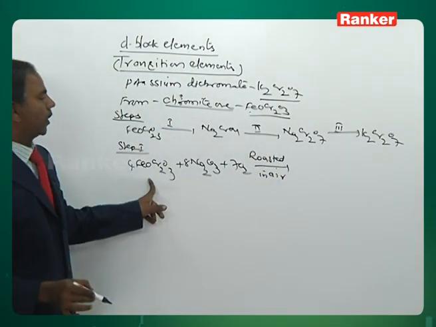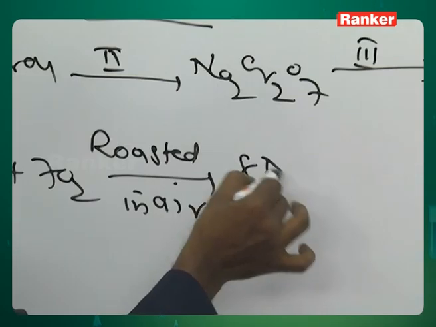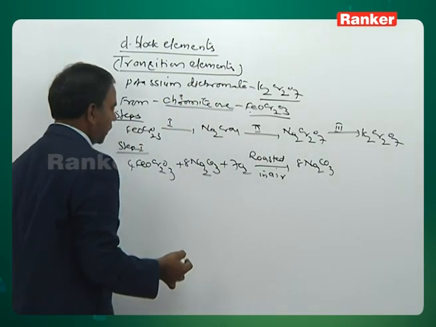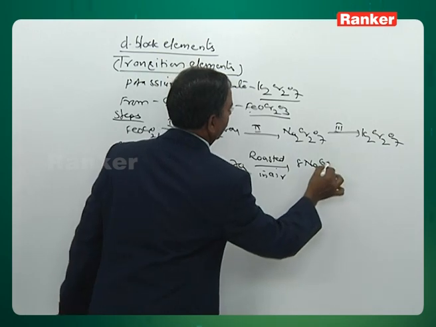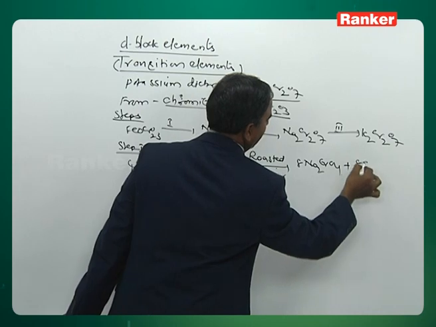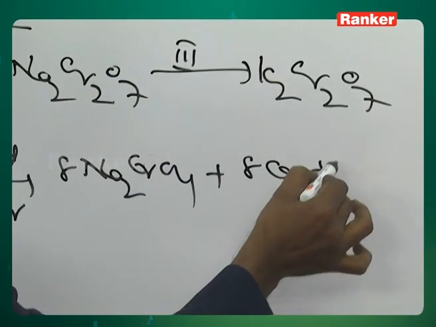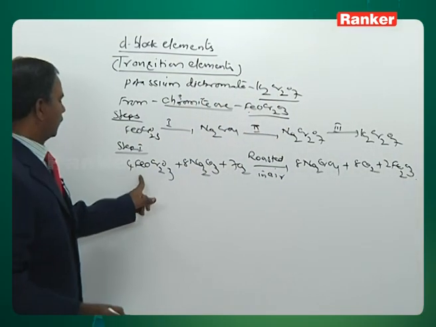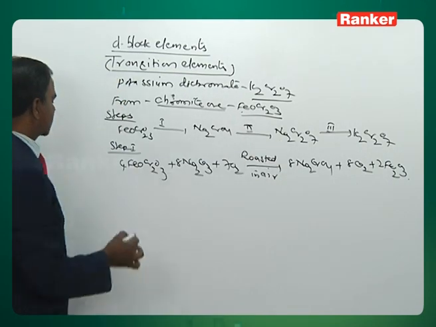Then the chromite ore converts into sodium chromate: 8Na2CrO4 plus 8CO2 plus 2Fe2O3. In the first step, chromite ore is converted into sodium chromate. Let us come to the second step.